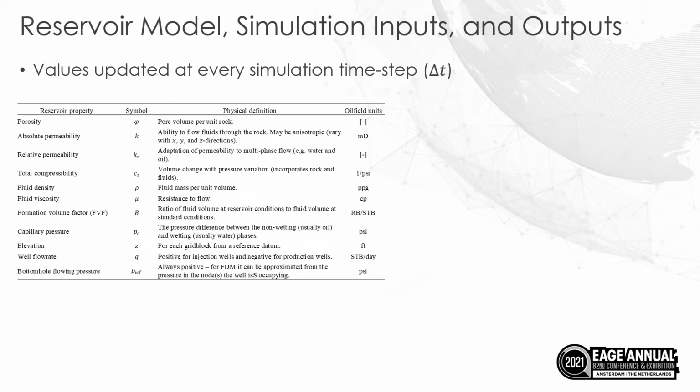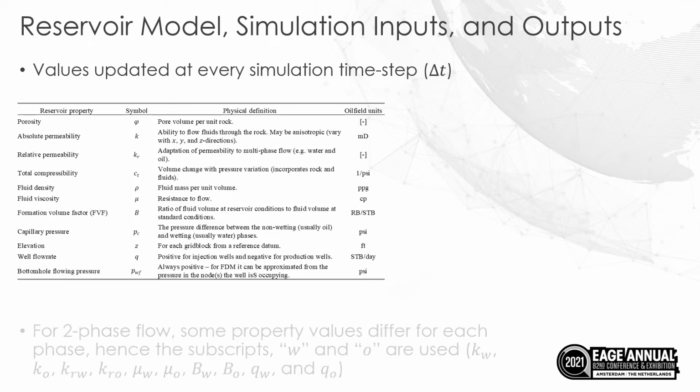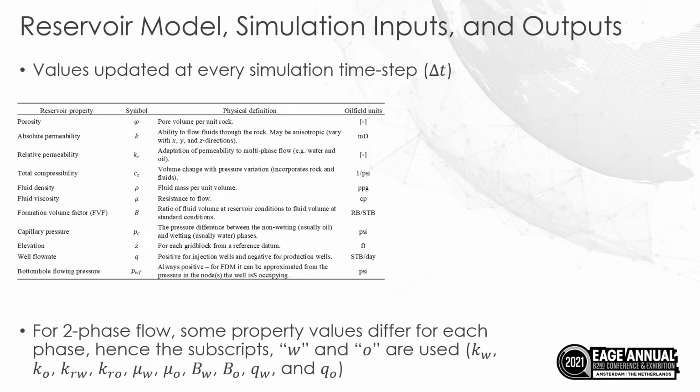Now, many of those property values, when we have a two-phase flow, vary for each fluid phase. In this case, we have water and oil, and we use the subscripts W and O to distinguish between the values of each parameter for the water phase and the oil phase.